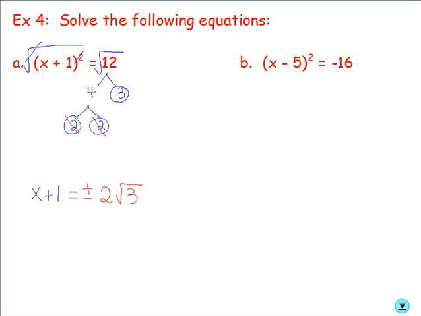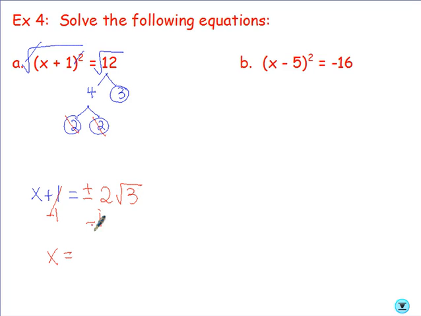The difference is we're not ready to put a box around this because x is not by itself. We need to now get x by itself by subtracting 1. This is where we like to make our mistakes. This is a regular number. This 2 and this radical are together.